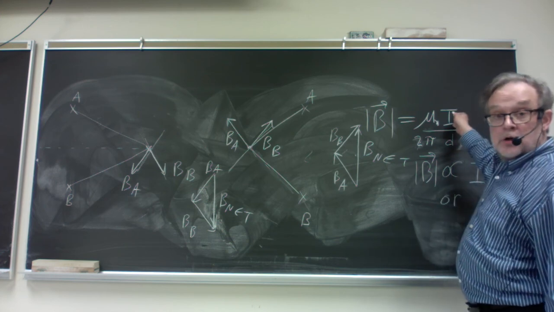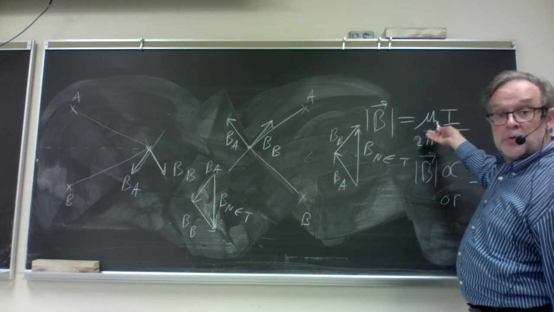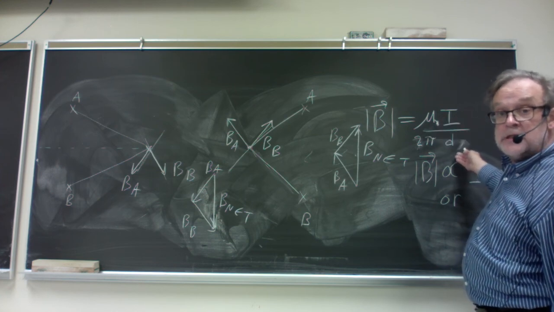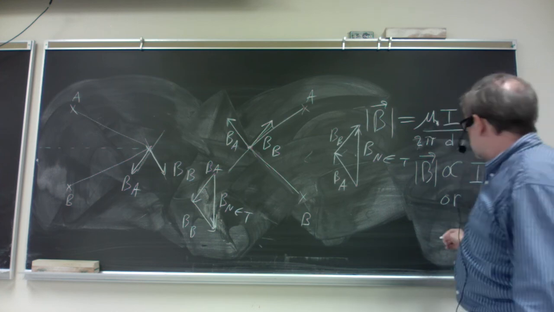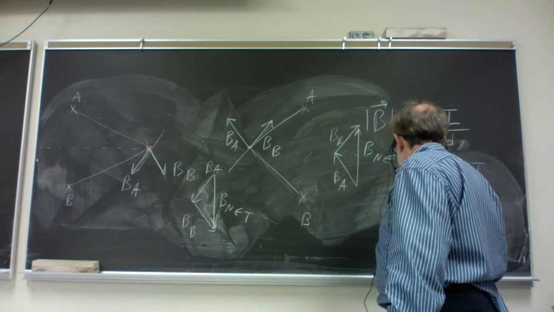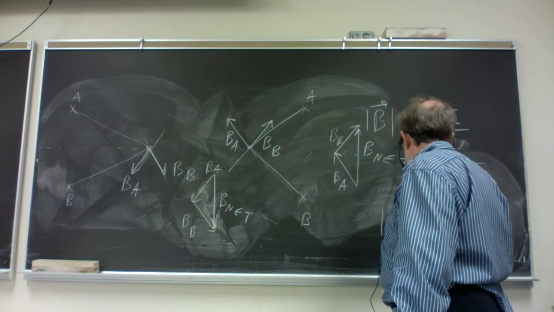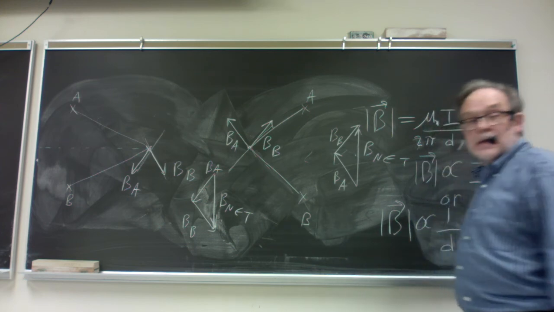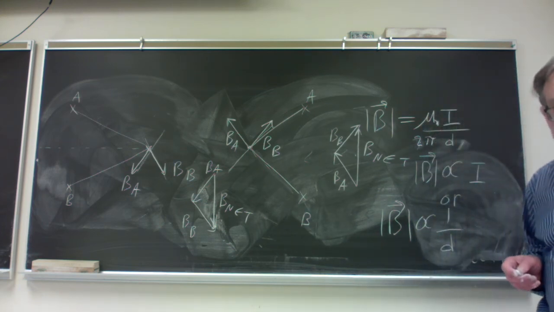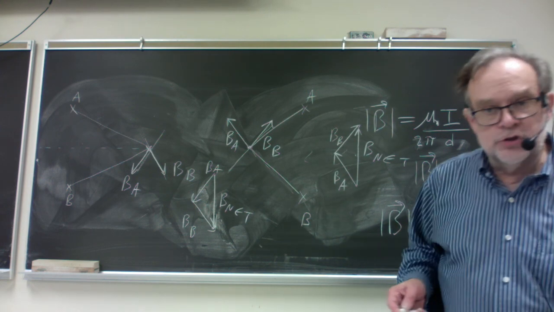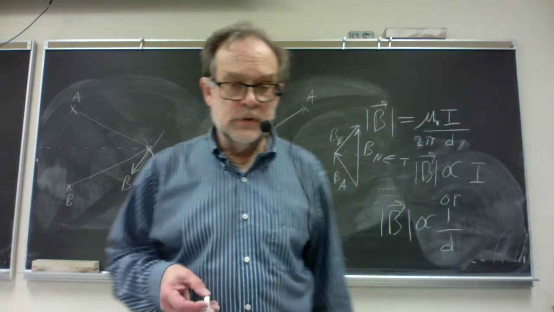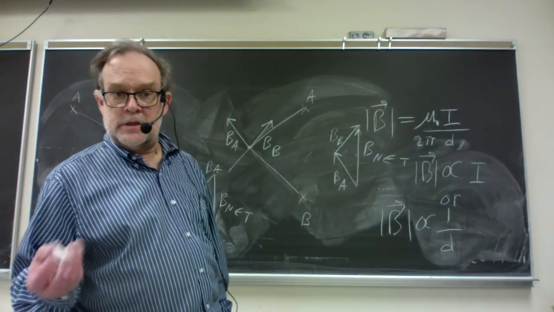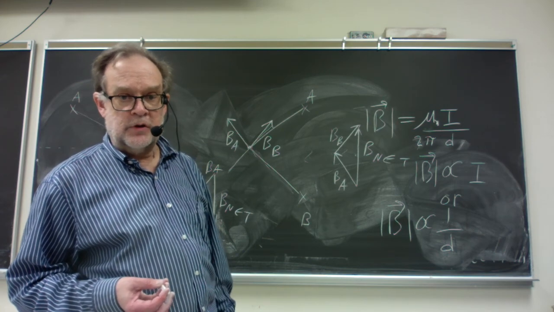And if you keep the same current but move around to different points, in other words, d can now change, then the magnitude of the magnetic field is inversely proportional to the distance, which is similar but not the same as what we saw in electric fields.